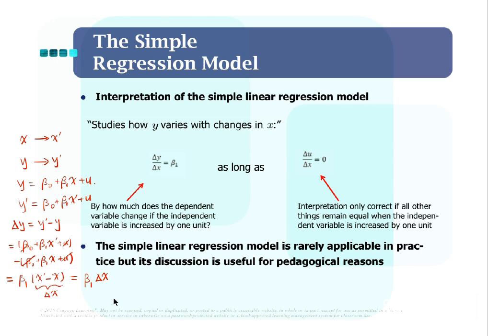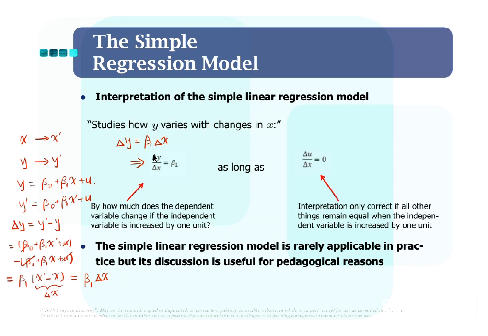It turns out that suppose x is changed by 1 unit, then delta y will change by beta 1 units. So it quantifies the effect or the impact of x on y.